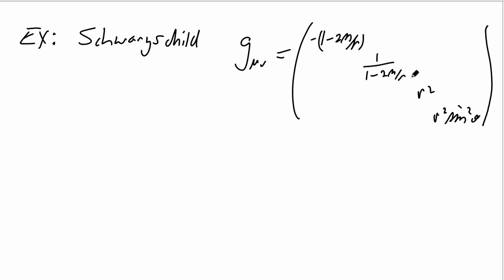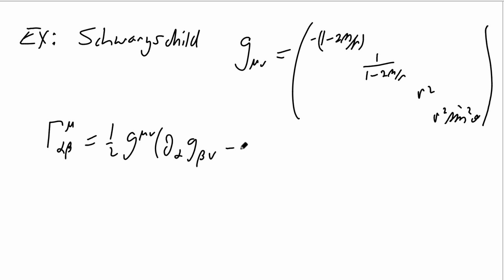Those are all along the diagonal. The off-diagonal terms are all 0. And from here we can compute the Christoffel symbols. Γ^μ_{αβ} is 1/2 g^{μν} times (∂_α g_{βν} plus ∂_β g_{αν} minus ∂_ν g_{αβ}).